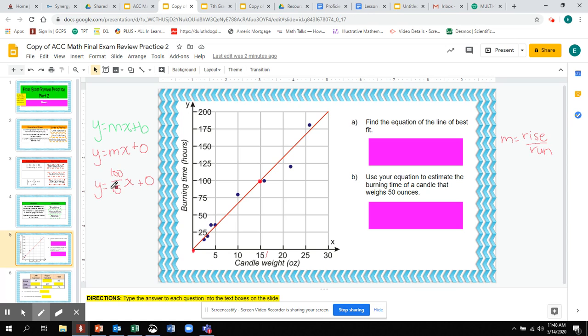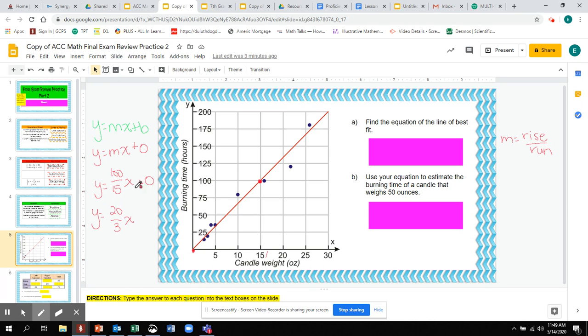Now what I do want to do is simplify my fraction. I don't want to change it to a mixed number. I want to leave it as an improper fraction. But 100 and 15 can both be simplified by dividing both of them by 5. So if I do 100 divided by 5, I would get 20. And if I do 15 divided by 5, I would get 3. So this would become 20/3 x.